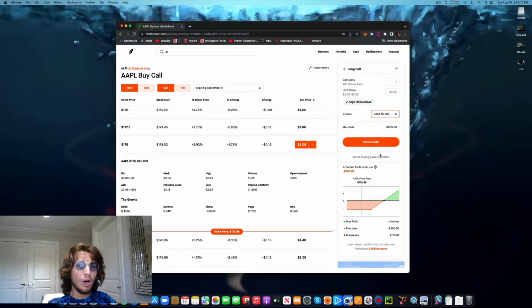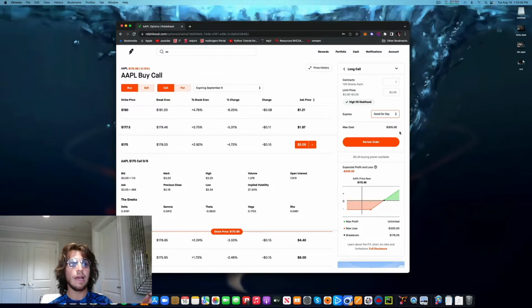So once you buy the option, I'm not going to do it right this second, but it's very self-explanatory. You just review the order. Once you own the rights to this contract, you have two options. You can either wait for Apple to go up sometime within that time frame between today, August 16th, and September 9th in this particular case, and then you can sell that contract when you make a profit.